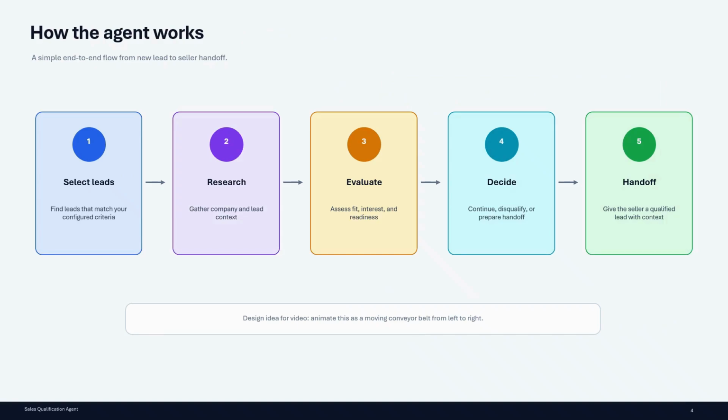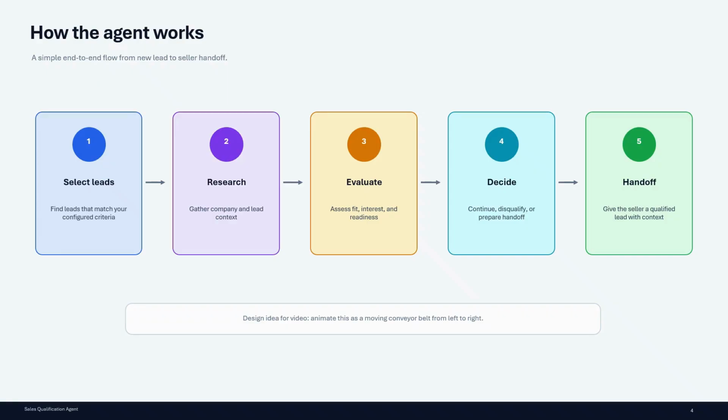So this slide shows the end-to-end flow. First, the agent selects leads that match the criteria you have configured. Second, it researches the lead and gathers useful company and contact context. Third, it evaluates fit, interest, and readiness.